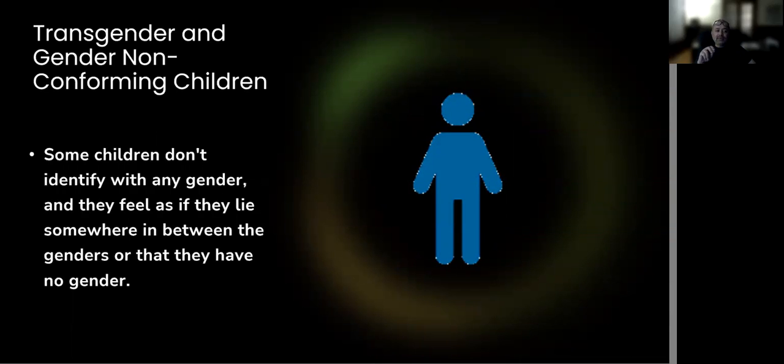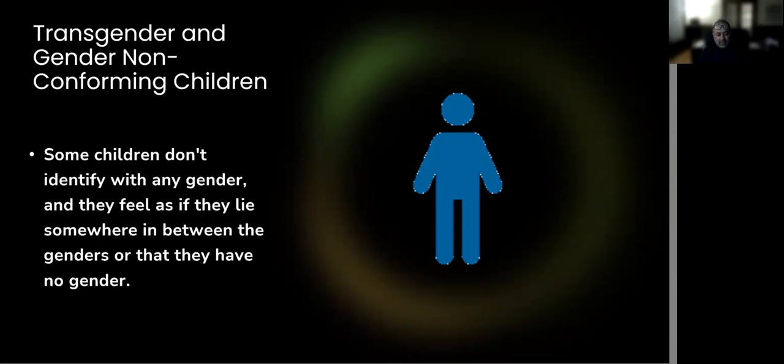Transgender and gender non-conforming children. Some children don't identify with any gender. They feel as if they lie somewhere in between the genders, or they have no gender. It is natural for parents and caregivers of these children to believe that this is simply a phase, and that it will move on and get over with.